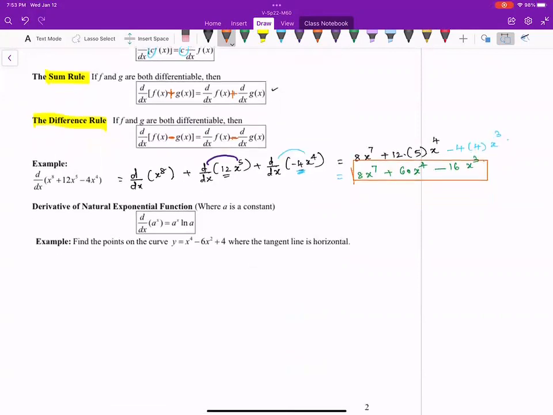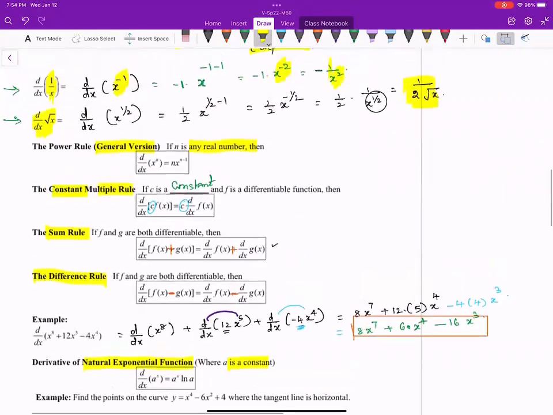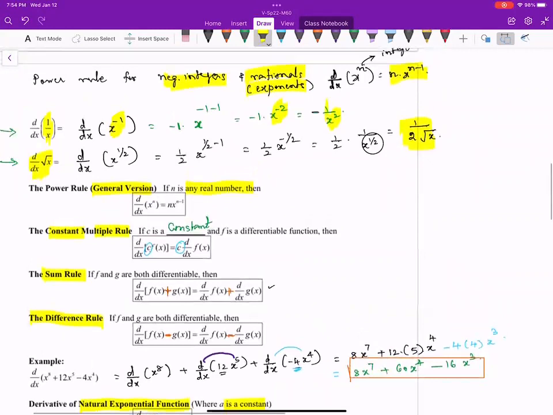Then another formula: the derivative of the natural exponential function, where a is a constant. The derivative of a constant to the variable x. All along in the power rule, we had the base as a variable.